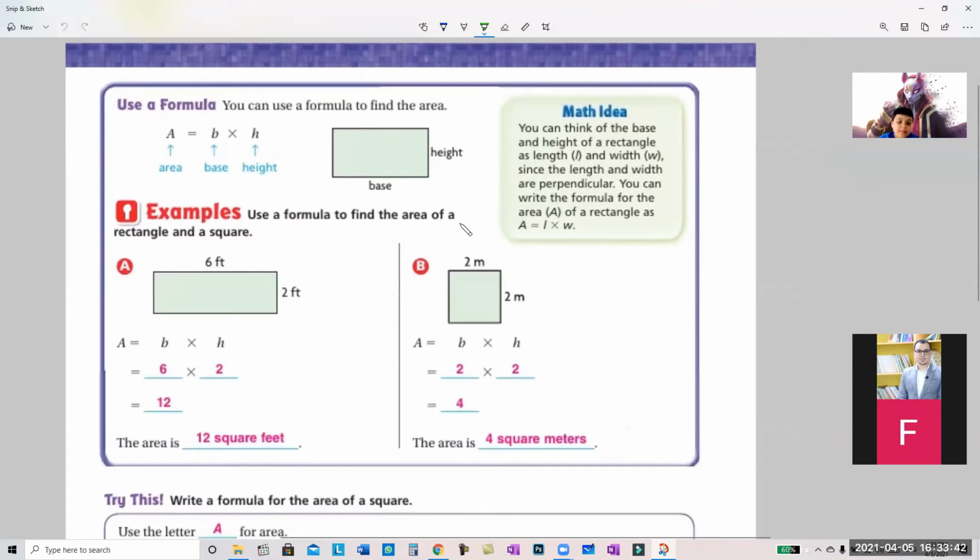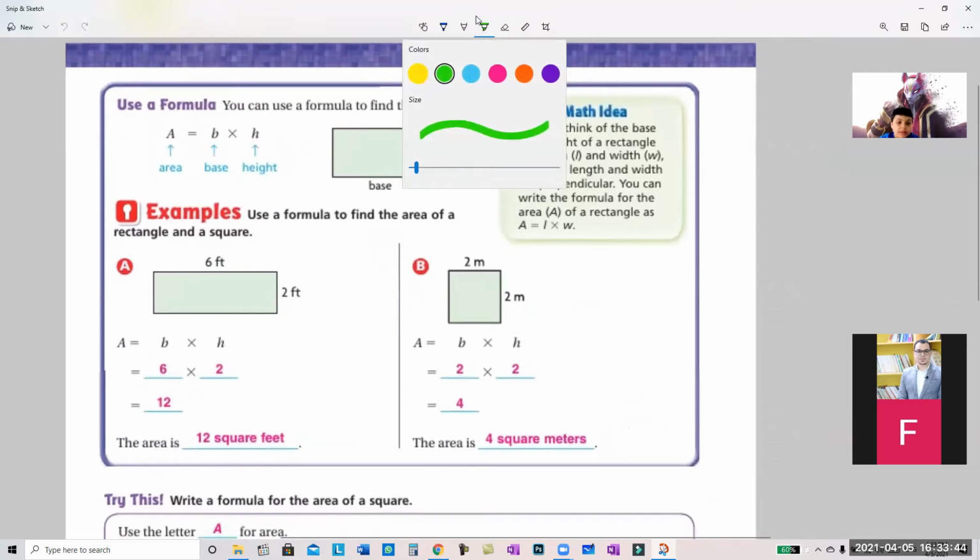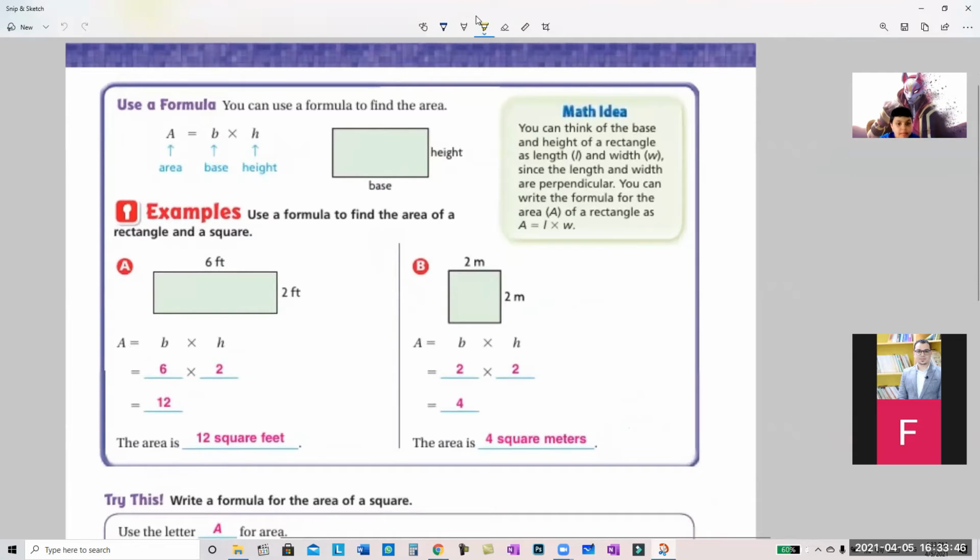As I said before, the formula of the area is A for area equals base times height, and that's the base and that's the height. Now let's use this formula to find the area of a rectangle and a square.